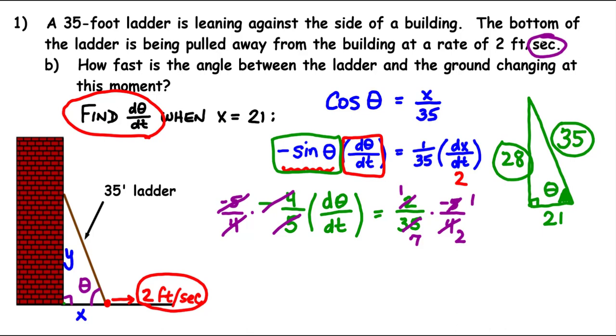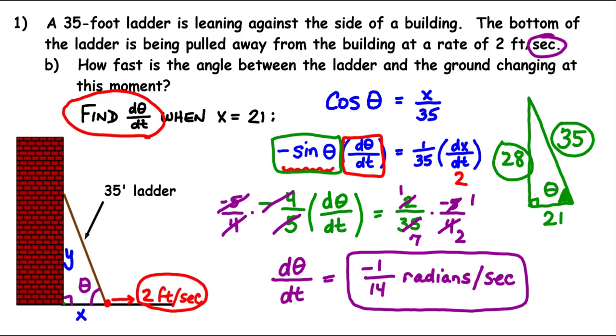So that's why we like to use radians. It keeps the dimensional analysis super nice. And so our answer is d theta dt equals negative 1/14 radian per second. And that makes sense because that angle should be shrinking as the ladder falls and slides down the wall.